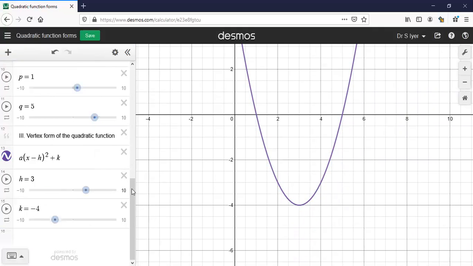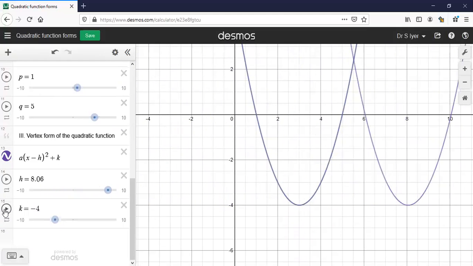And so you'll notice that the purple line is now exactly the same as the blue line earlier, right? So as I increase or decrease the value of h, you'll notice that the parabola is shifting either rightward or leftward.